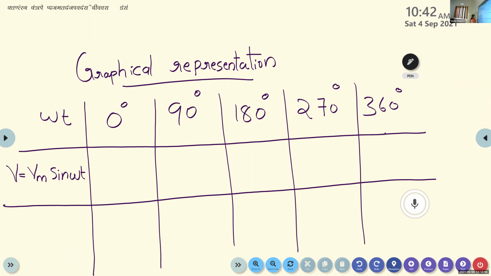Then the value of current, I is equal to Im sin omega t plus 90. So the first phase angle is 0 degree. That is V is equal to Vm sin 0.